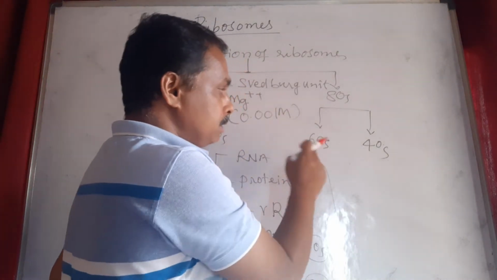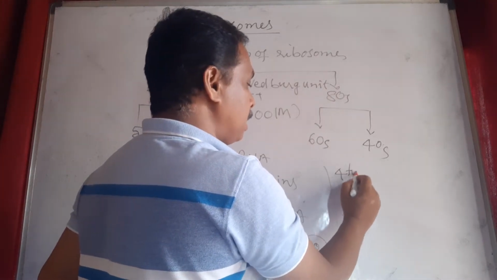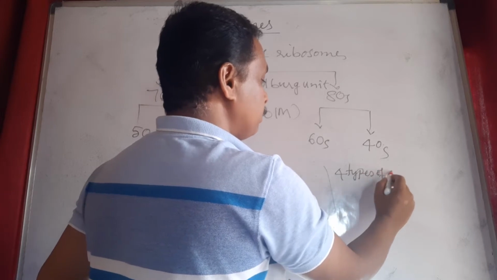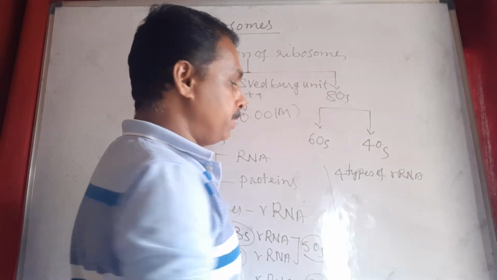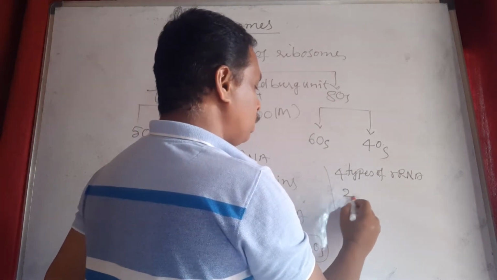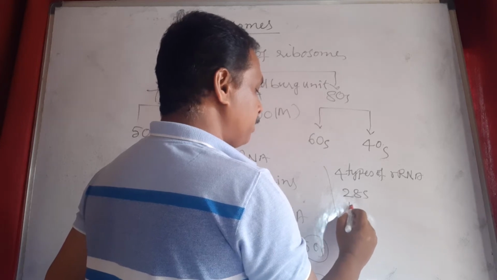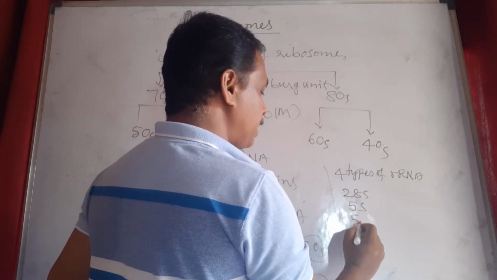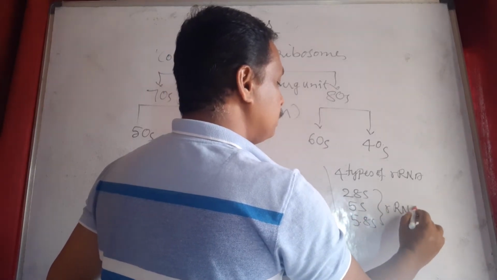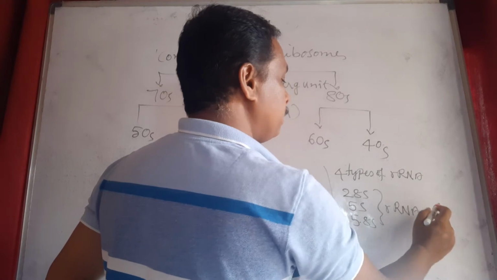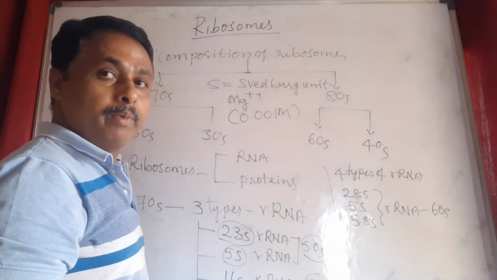And 80S type ribosomes are made up of four types of rRNA. What are the four types of RNAs? That means 28S rRNA, 5S rRNA, and 5.8S rRNA of the 60S subunit of 80S type ribosomes.